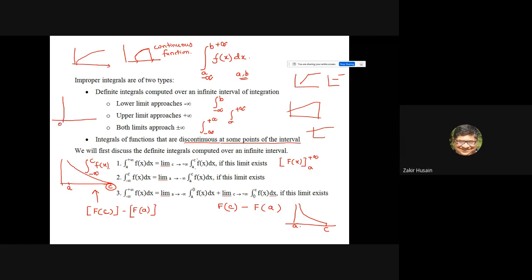Let's say this is the origin, and this is A to C. Unless it is asymptotic over here, so that a limit exists, we cannot apply this rule.